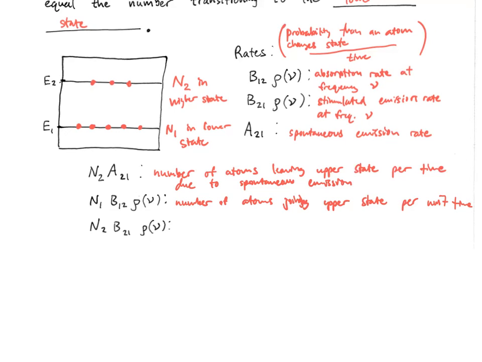And then this final number is going to be the number of atoms leaving, again, the upper state per time due to stimulated emission. Now we're going to use these quantities on the next page.